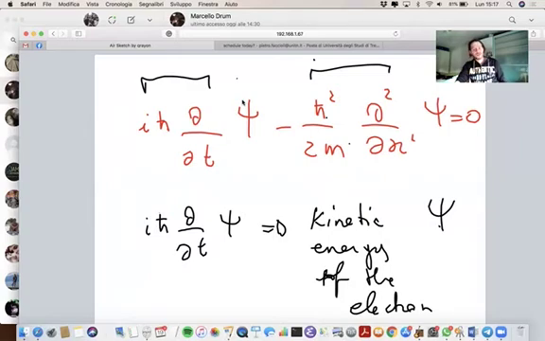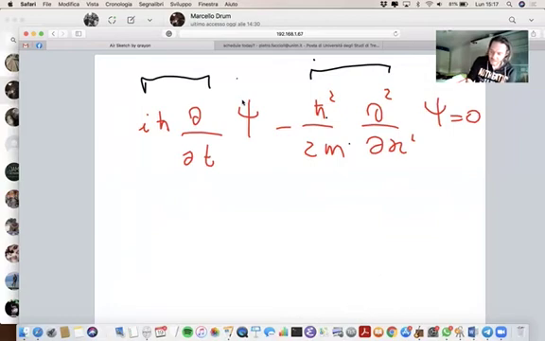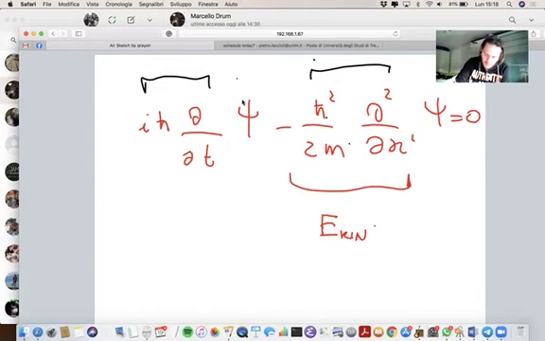Now, for a free particle, based on this discussion we had, it's clear that there's something that relates this second derivative with respect to x, with this specific combination, to be basically a way of extracting the kinetic energy of my electron.